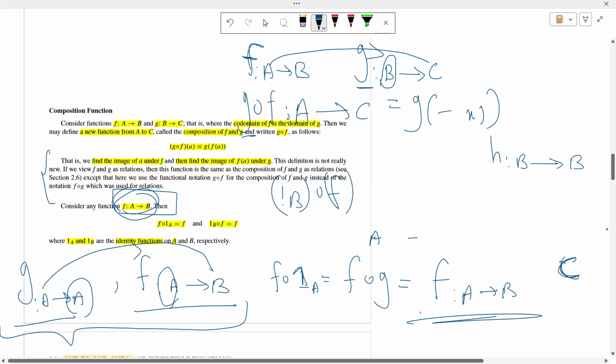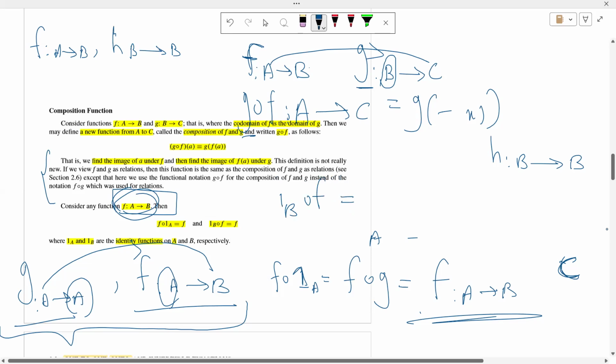For that, first I need to take my first function f, which is a to b. My second function, maybe h, is b to b. Now they are asking 1b of f.